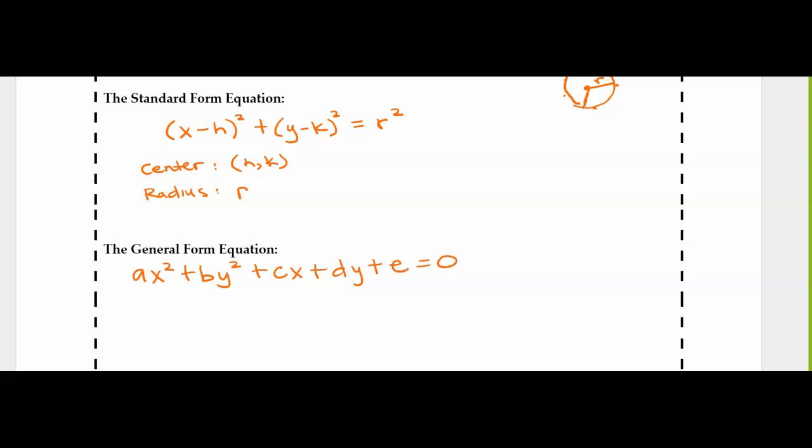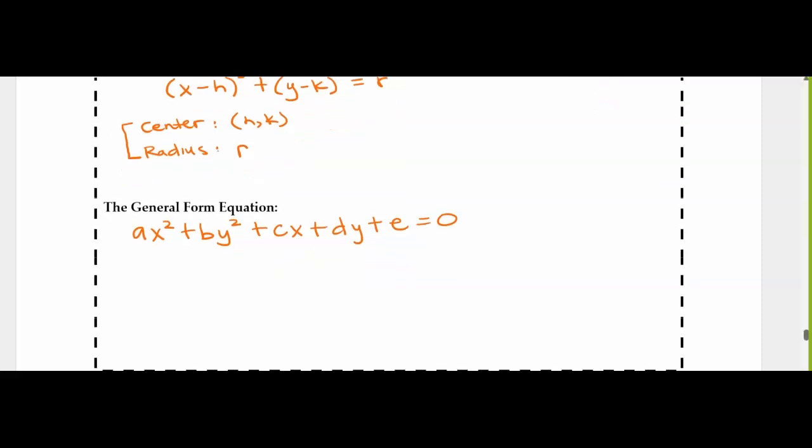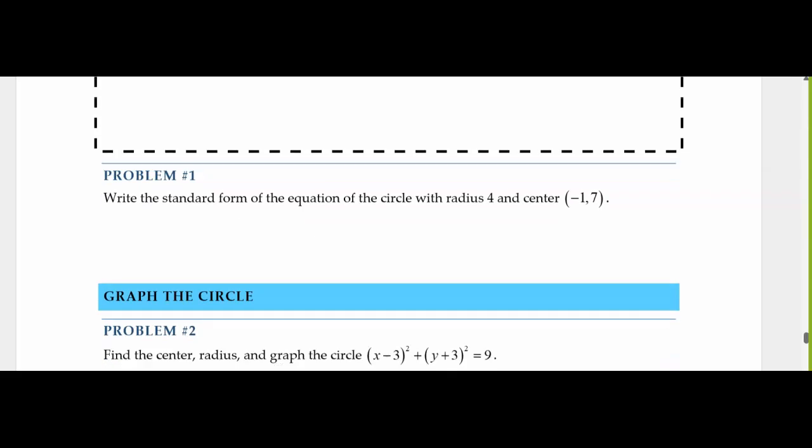We'll be dealing with equations in both of these forms, but we like the standard form a lot more because we can easily pick out the center and the radius, whereas in the general form, we can't just see what that is. We're going to have to change the general form to standard form in order to find our center and our radius. We'll do that in just a little bit.